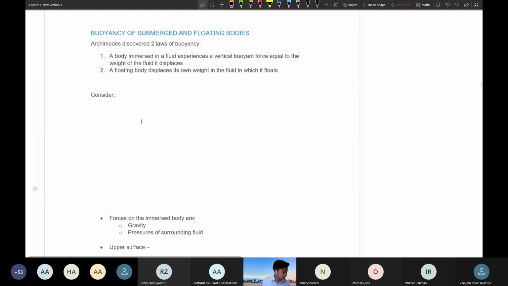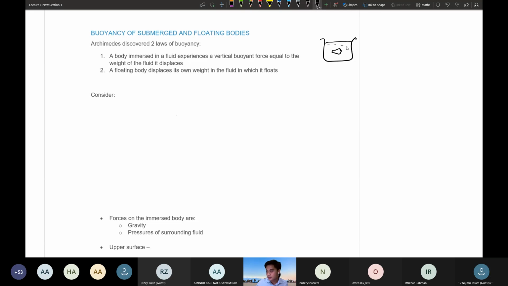So let's say, I would like to explain more on this. Let's say you have a beaker with water inside, and then you have one object. You submerge one object, and this object floats in this position, for example your rubber or anything else.